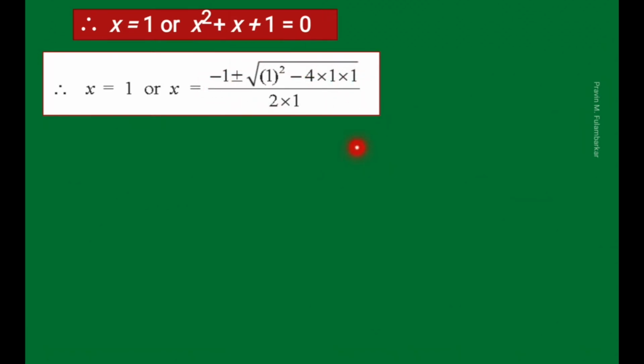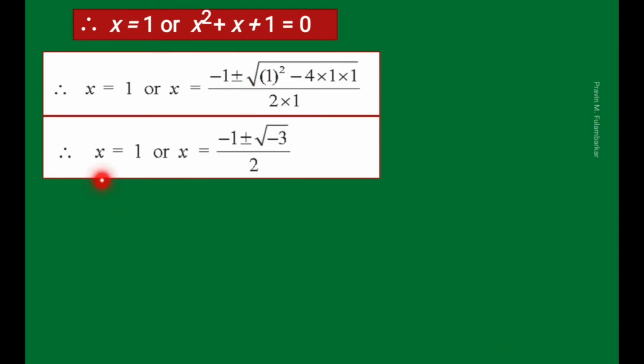You already know the quadratic formula that you studied in class 10. So we solve this second factor. Here we get plus or minus, that means we get one value when we take plus and another value when we consider minus.